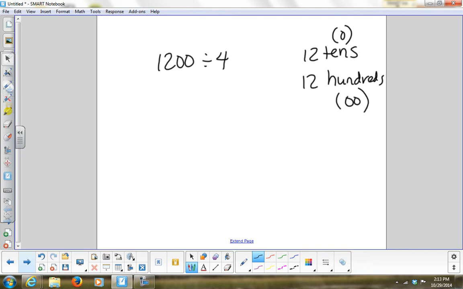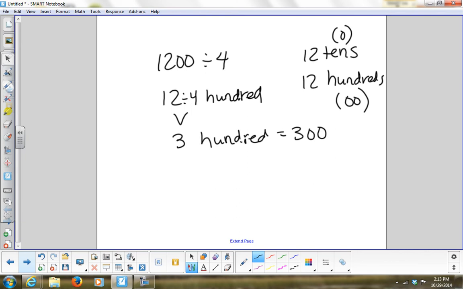Because how many zeros are in 100? 2. Okay. So I have 1200 divided by 4. Same thing, right? 12 divided by 4 is 3, so it's 300. Okay, so if you come across tens and hundreds, it's just add a zero, add 2 zeros.